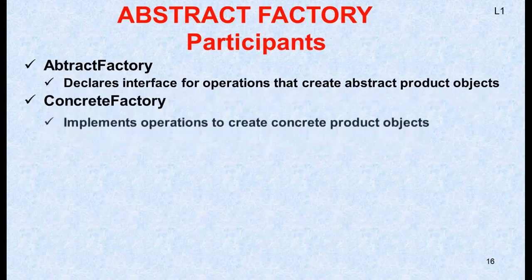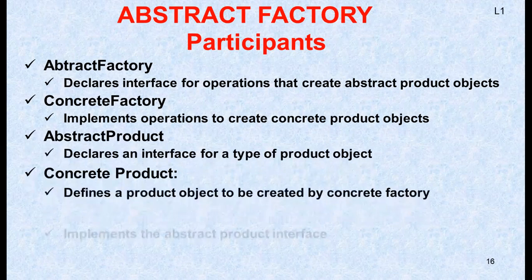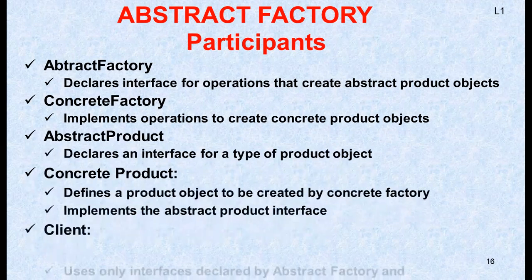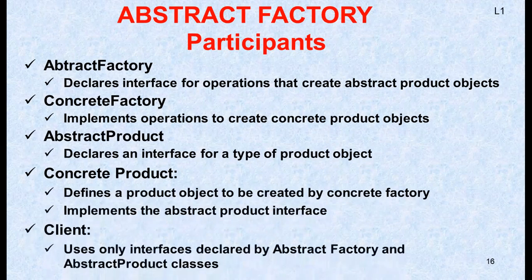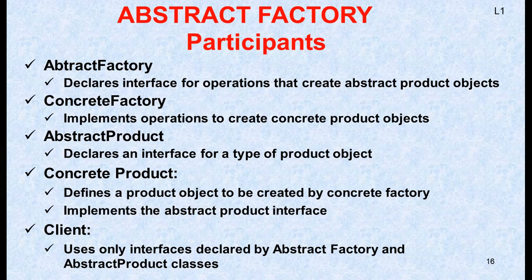So here, let us see some of the abstract factory participants. That is, the abstract factory, which declares an interface for operations that create the abstract product objects, and the concrete factory, which implements the operations to create the concrete product objects. The abstract product, such as window or scroll bar, declares the interface for a type of product object.